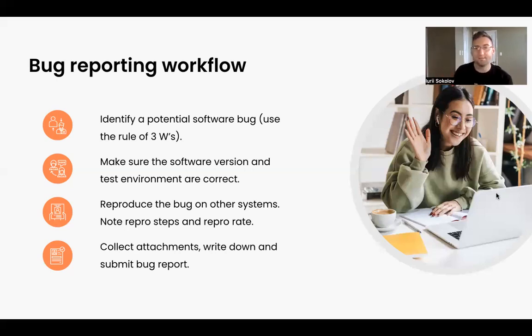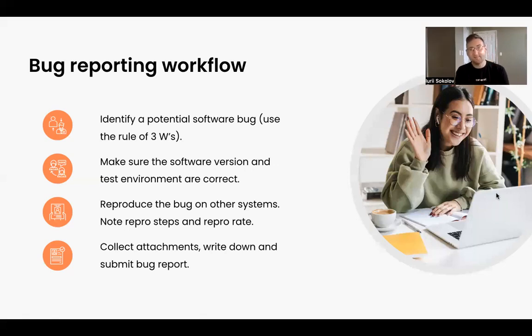Same goes for mobile applications. Let's say you're testing an iPhone application. You're testing it on iPhone 10, whatever, with a certain iOS installed, and it breaks. Try to do the same thing using an iPad or another iPhone, maybe with an older or newer operating system. See if it crashes the same way.